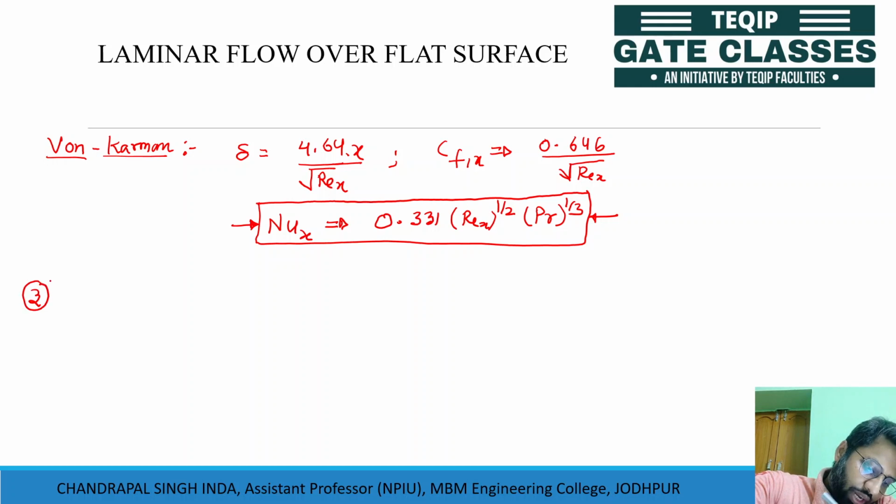So the third technique that we are going to use is Reynolds analogy. Reynolds analogy is used for gas, if the fluid is gas, whose Prandtl value is lesser than 1.